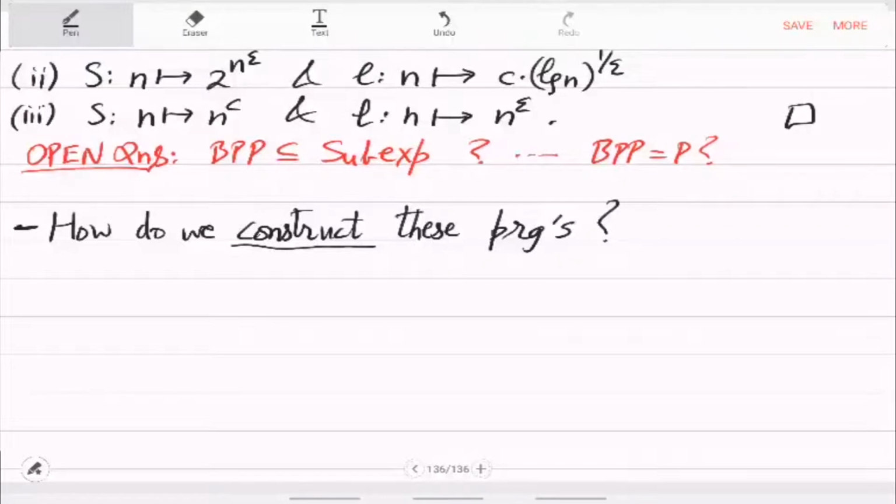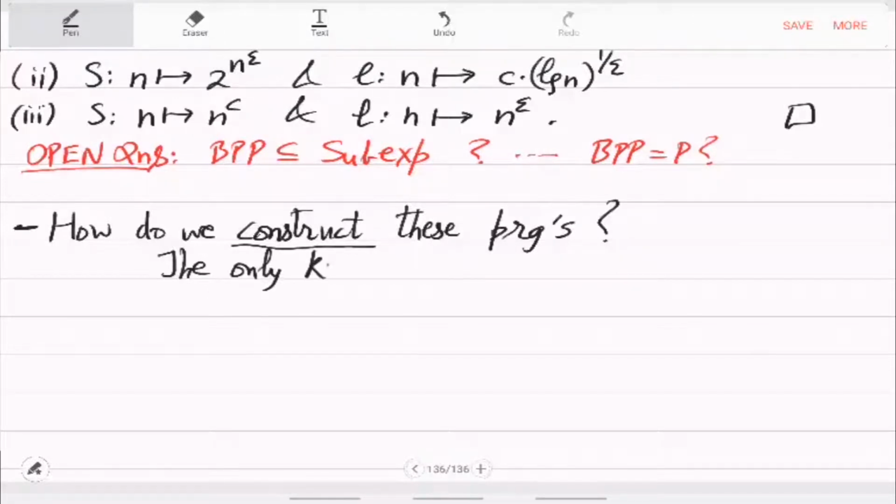We obviously will not be able to construct them unconditionally in this course, but we will relate this problem to the problem of hardness. Okay, so that in itself will be an amazing connection. We will show that if there are hard problems, then these PRGs will exist, and then all these de-randomizations would happen.